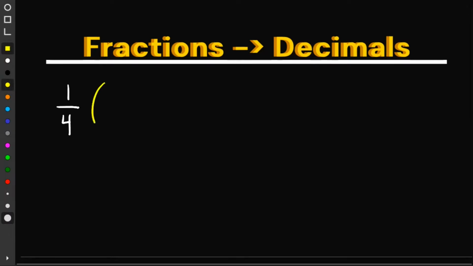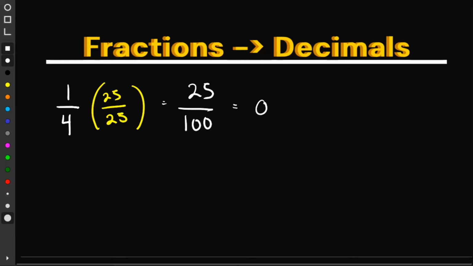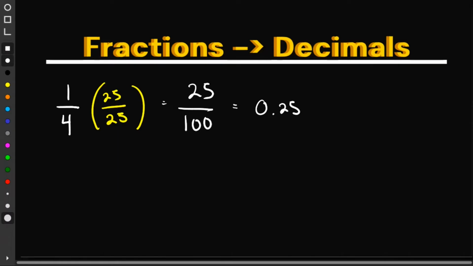So we can multiply 25 over 25 in this one, and this would give us 25 over 100. Now it is easy to see that in decimal form, this is simply 0.25.